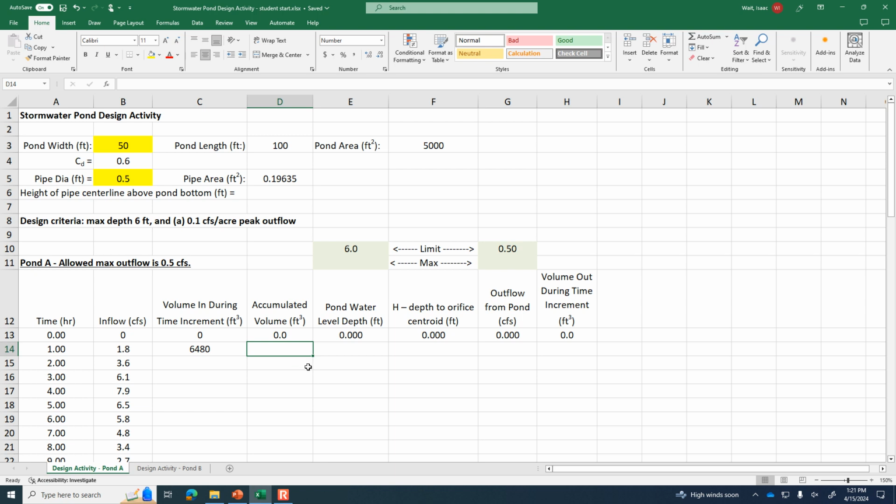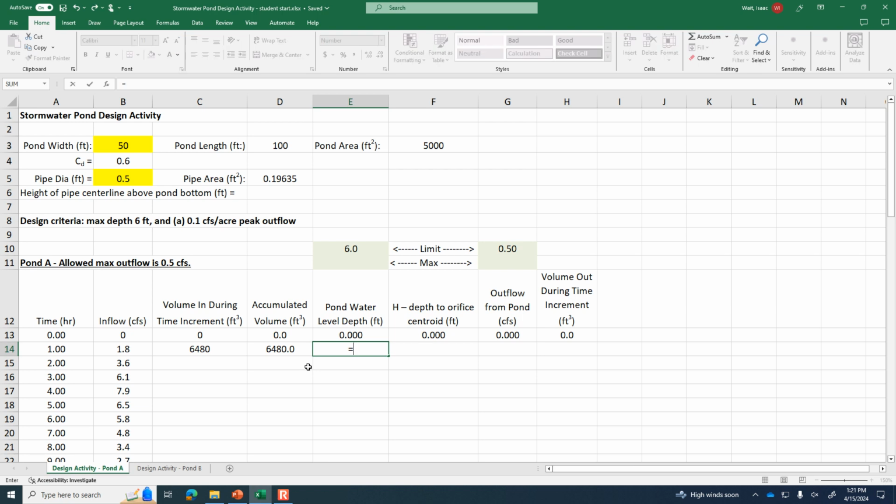So the volume that's accumulated is the previous volume, which was 0, plus the new stuff that came in. But we haven't yet got any flow out, so the accumulated volume is just what was there in the previous step plus what came in. We'll have a different formula for the next row down.